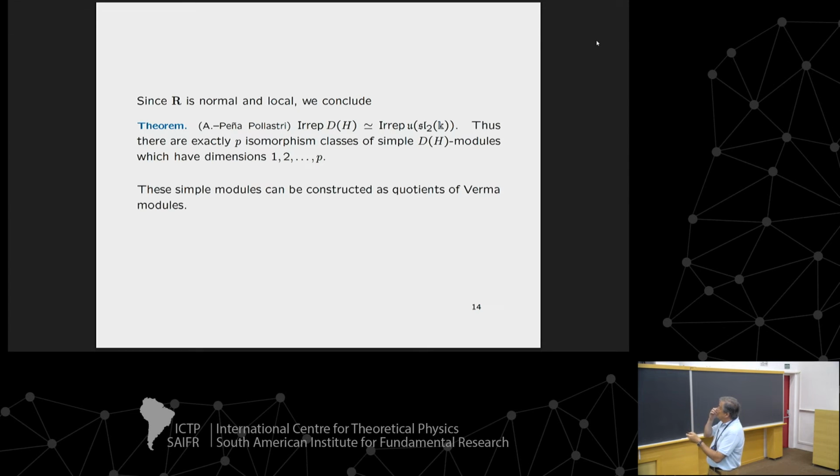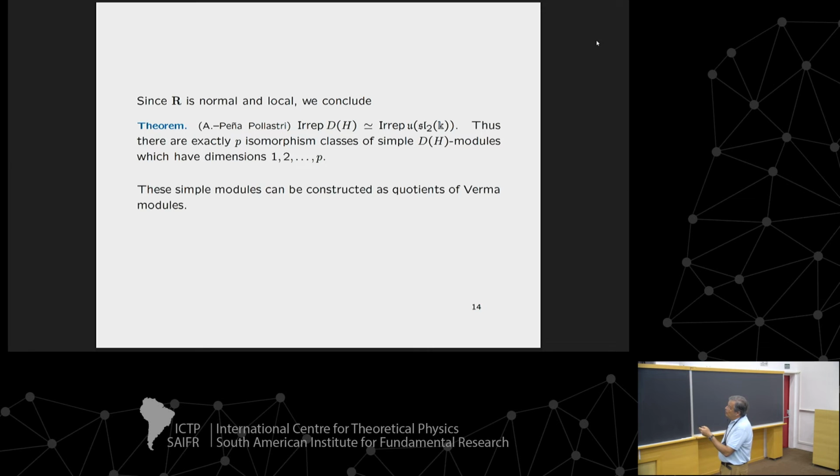Hence, there are exactly p isomorphism classes of simple D of H modules. This is well known: they are p isomorphism classes of simple D of H modules because they are p isoclasses of simple representations of U of SL2K, and they have dimensions 1, 2, up to p.